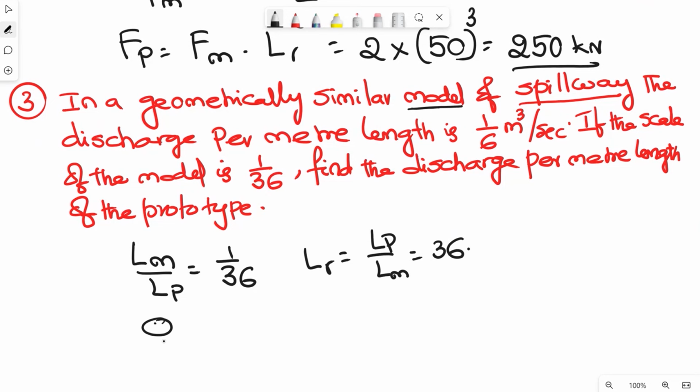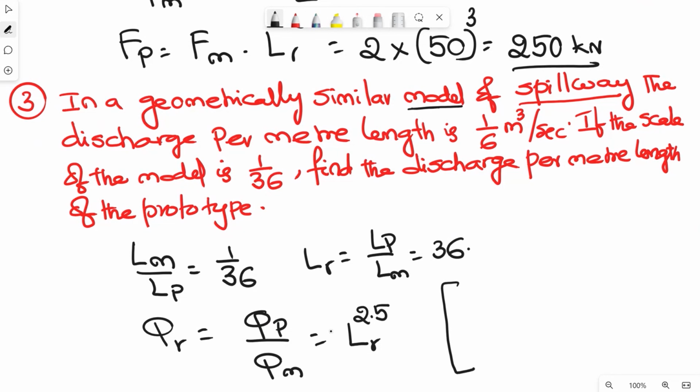So first let us write what is Qr. Qr is equal to Qp by Qm, and already we know that it is Lr to the power of 2.5. How did we get this? Q is volume by time.